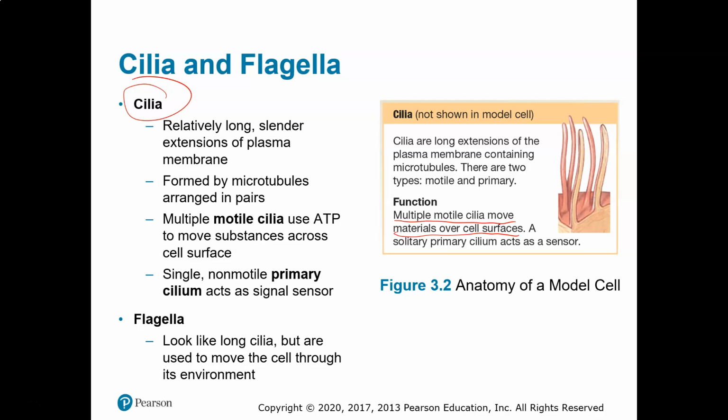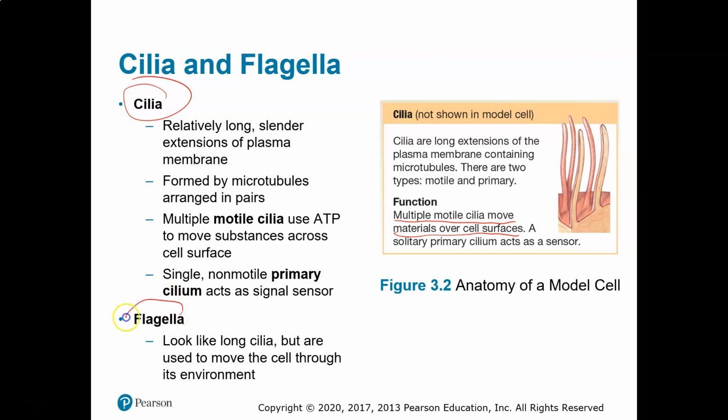There's another function of cilia in males. They have cilia in certain cells of their testes, which help move the sperm along until they are ready to move on their own, until they're mature. So cilia are little hairs that move substances across the surface of a cell.